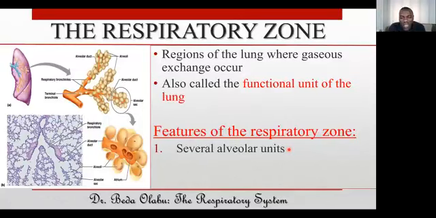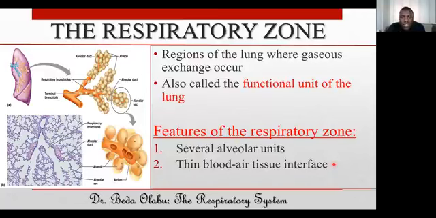Wherever there are alveolar units, there'll be capacity for gas exchange. And so those are various components of the respiratory zone. The other key feature of the respiratory zone is the tissue interface between blood and air.